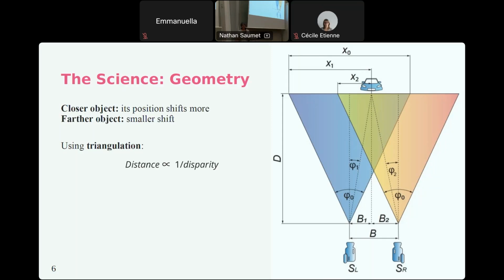Stereo vision consumes less energy, while LiDAR needs much more power. So this is good for systems where we don't want to spend so much money and still want good precision and accuracy.